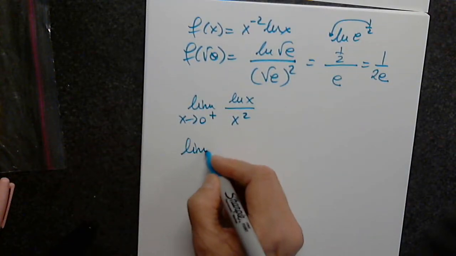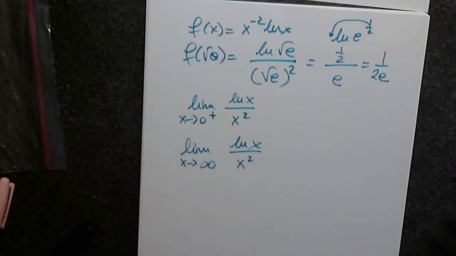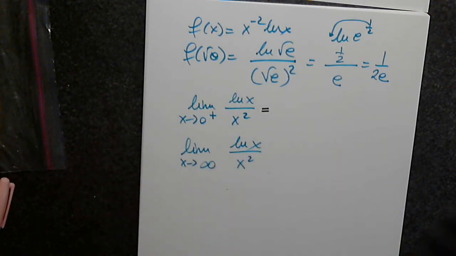Also, I need to find the limit as x approaches infinity of natural log x over x squared. That's another reason why we studied limits. Because now we want to be able to graph these functions or see their trend or find their end behavior or find the behavior near vertical asymptotes, and we can do it with limits. So what do you think about this?